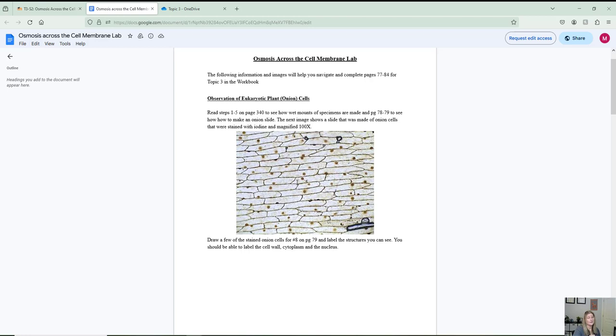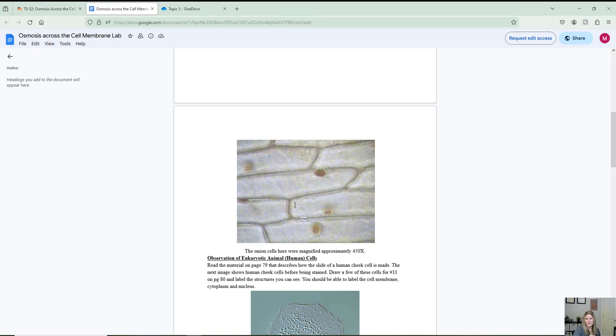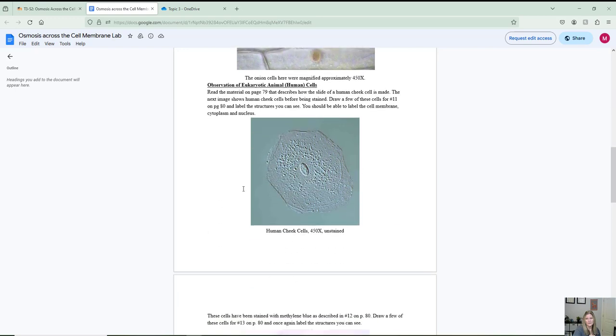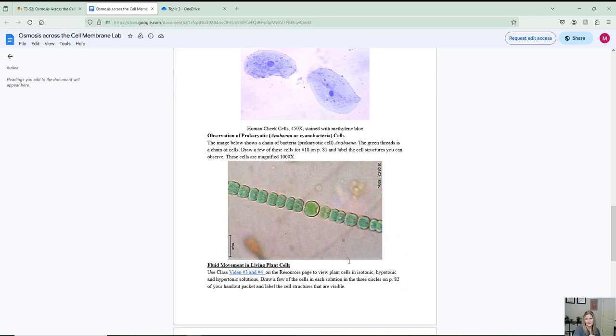We can definitely identify this as being a plant cell because we have a cell wall, so it's like these little rectangles. Whereas animal cells, since we don't have a cell wall, don't have a uniform shape like that. So you can see what they look like.